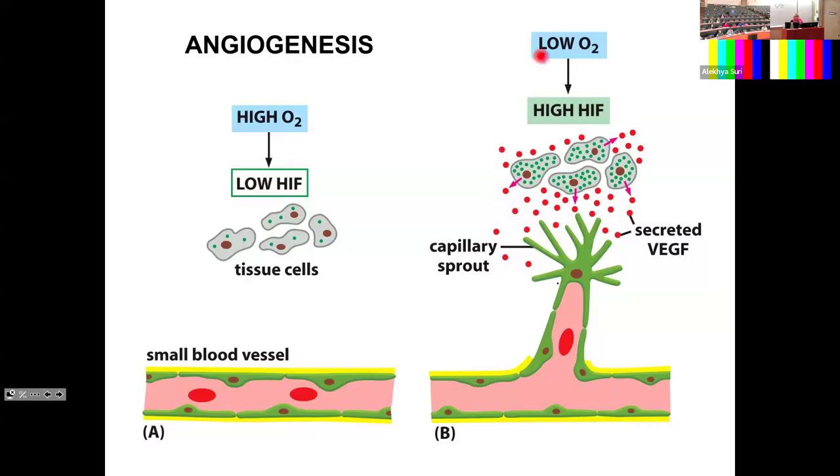But when you have low oxygen tension, hypoxia induces high HIF-1, and then they secrete more vascular endothelial growth factor. Those cells, in this case a tissue or a tumor, secrete VEGF, and look what happens. This is a regular blood vessel, but they stimulate those cells, and those cells start producing this capillary sprout.